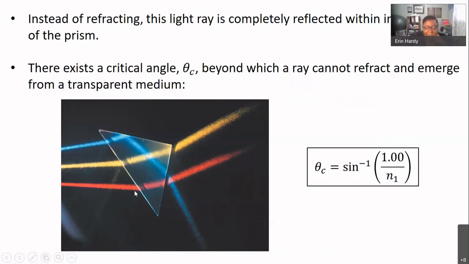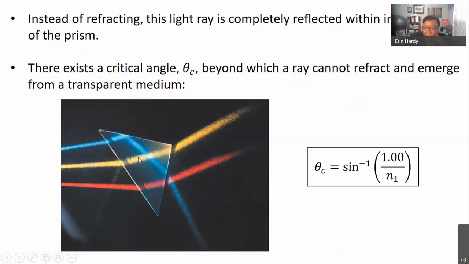There's a teeny tiny bit of this red ray that's reflecting outward, but most of it is refracting in. And once it gets to this face here, it's going to refract outward. But the blue ray here is the one that's not capable of bending back out into the air.